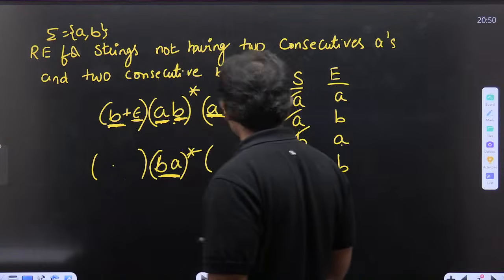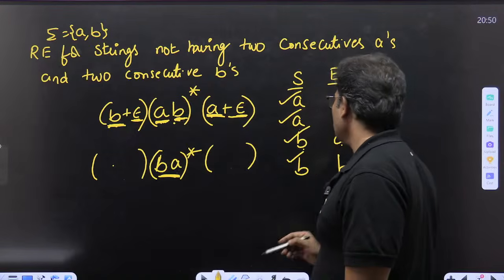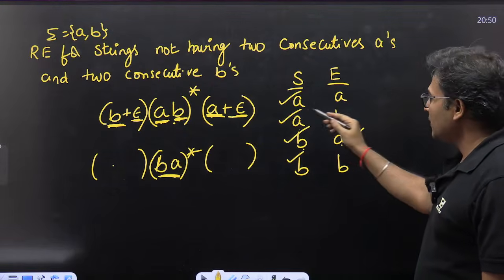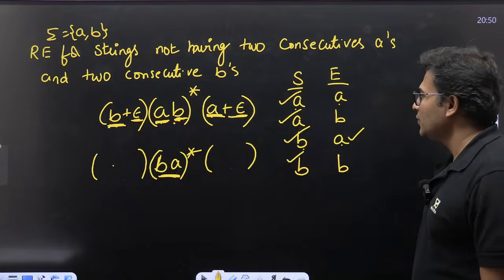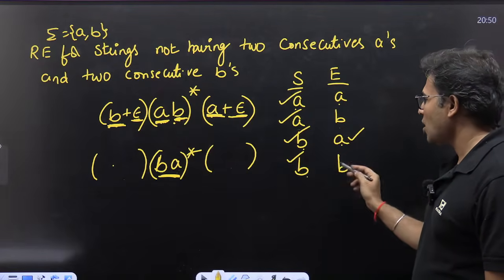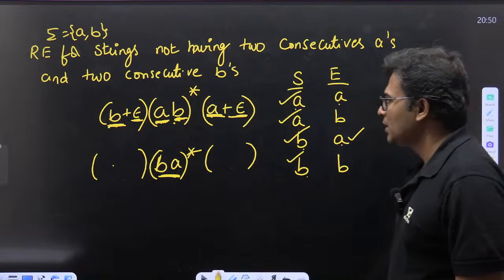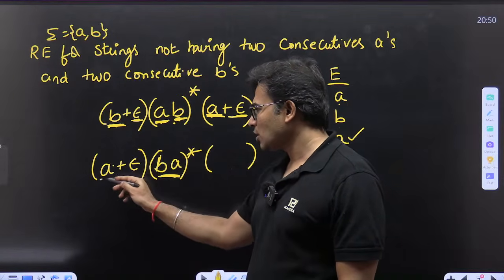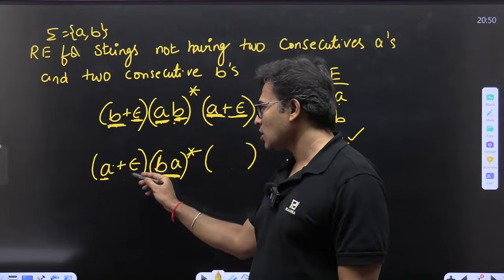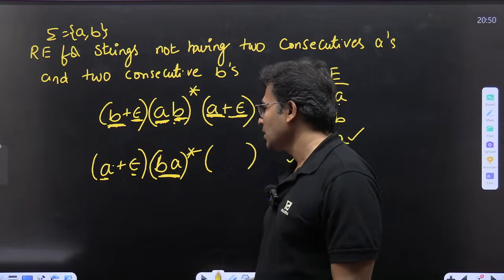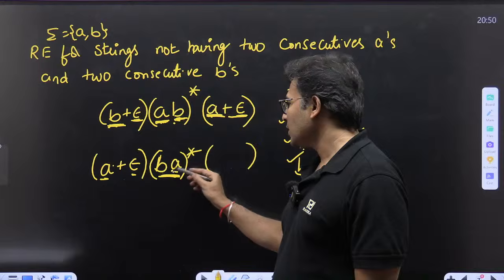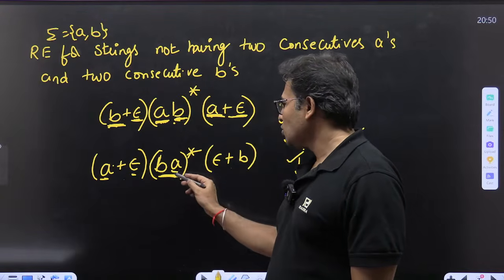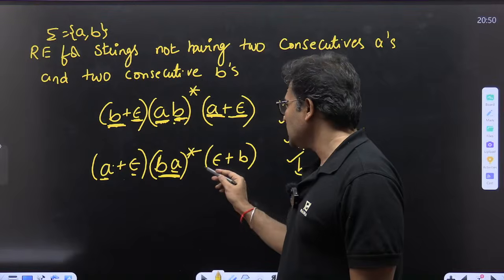See this. This is starting with B and ending with A, which means this case is covered. But then it may start with A and end with A, or it may start with A. So all the three cases have to be covered, right? It can start with A or it can start with a B. If I start with this, it is going to start with A. If I start with this, it is going to start with a B. And it can end with A or end with a B. If I want to end with A, I will take this.